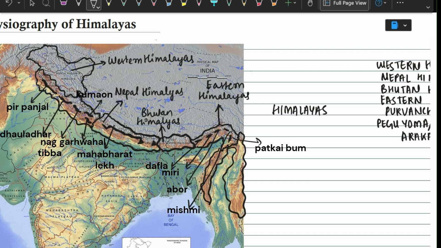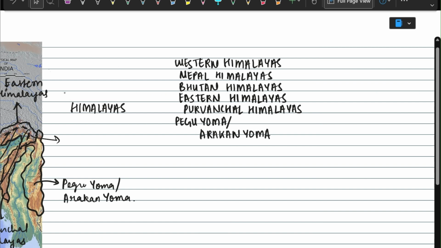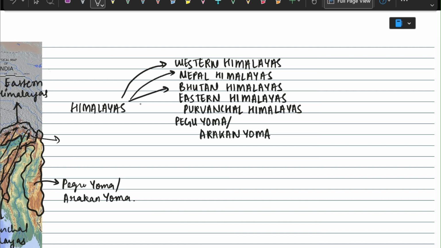And after that, we have this as the Purvanchal Himalayas, and finally, this part is the Pegu Yoma or the Arakan Yoma. And before moving further, I want you to quickly recall all the Himalayan ranges that I have mentioned here, including the Western Himalayas, Nepal Himalayas, Bhutan, Eastern, Purvanchal, Pegu Yoma, and the Arakan Yoma.